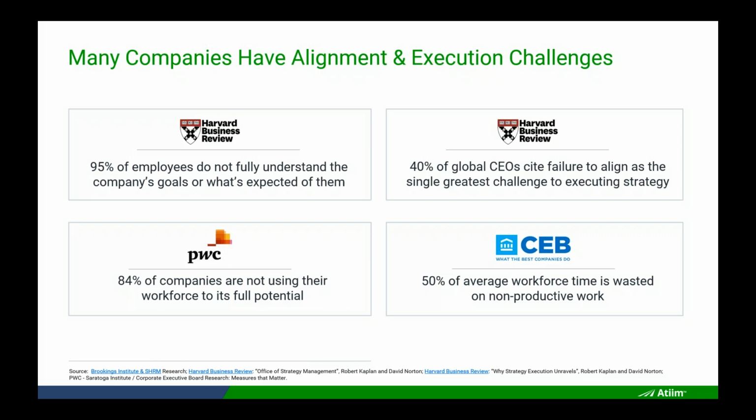There was research done by two famous professors at Harvard, Professors Kaplan and Norton. They're world renowned for inventing the balanced scorecard, and they deal with strategy, strategy maps, and linking strategy to execution.